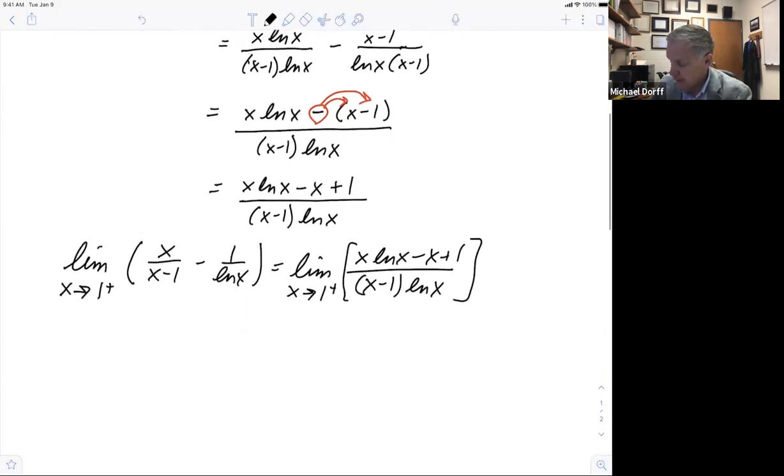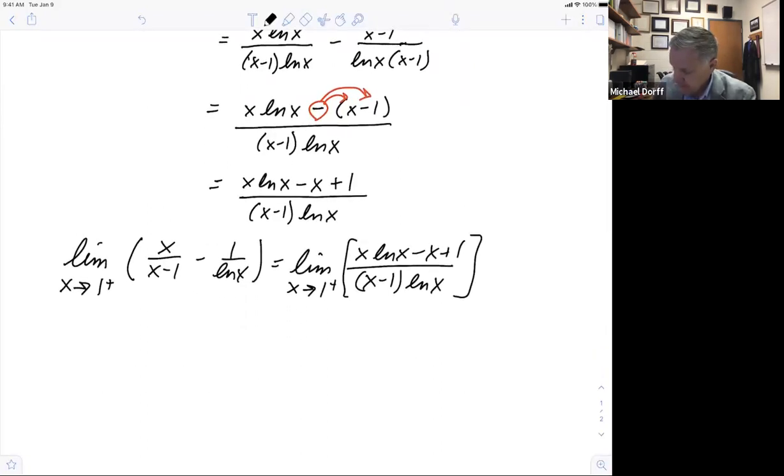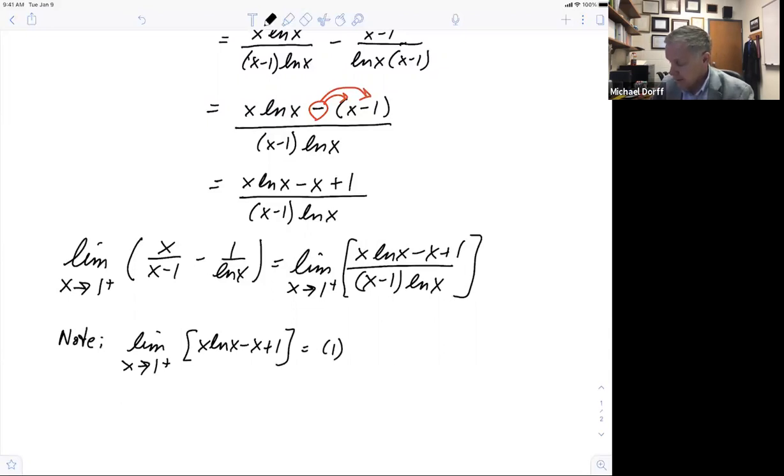And now if we do direct substitution, so note, if I do the limit of the numerator, so I have x natural log of x minus x plus 1. So I put in 1 in there, going from the right. I'm going to get 1 times 0 minus 1 plus 1, which is 0.